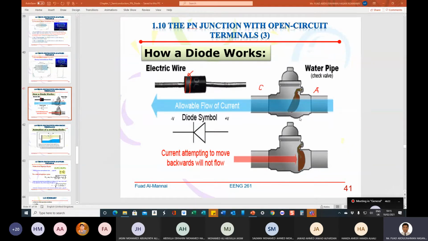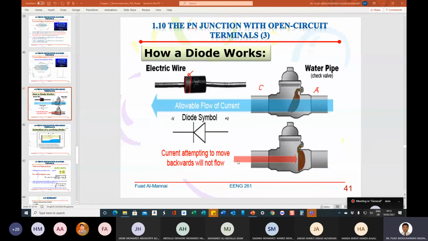Now if you try to put the water in the opposite direction, like shown here in red, the diaphragm will block the water, and there will be no water flow. This is the example of reverse bias.